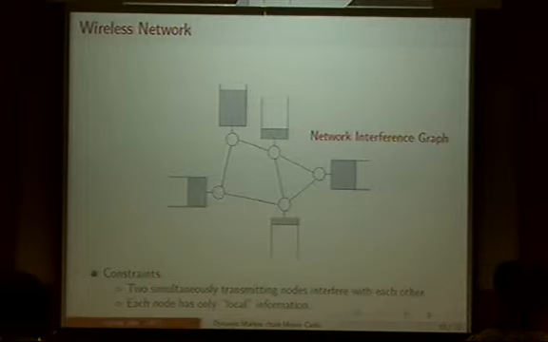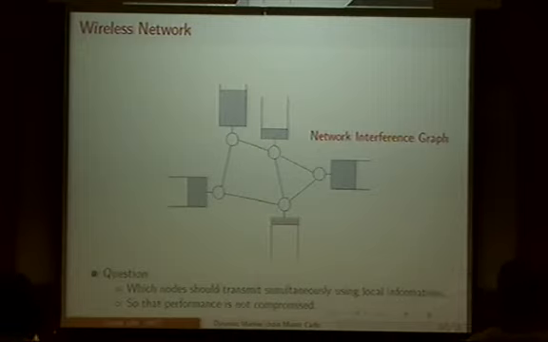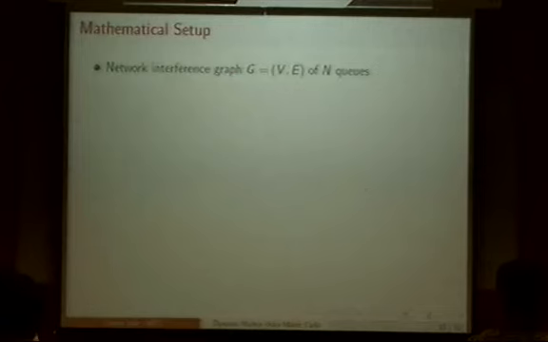Now the question is, which node or which queue should transmit, using local information, so that some form of performance is high, not compromised. This is called the media access control problem in wireless networks. I will explain this question more formally using mathematical notation.